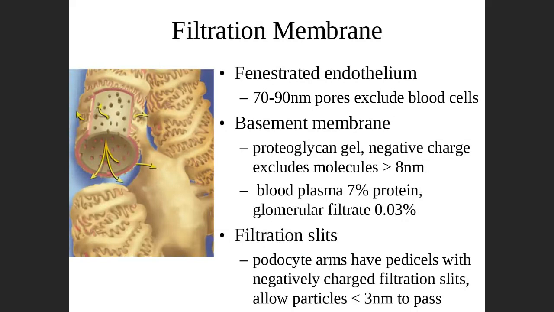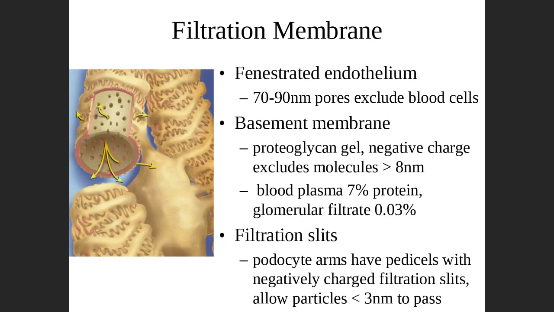Now we don't need to go into what the sizes are that can pass through this filtration membrane, but definitely glucose can pass through, amino acid can pass through, but protein cannot. Red blood cell cannot, white blood cell cannot, because the hole size is about 70 to 90 nanometers. So anything bigger than that cannot pass through.